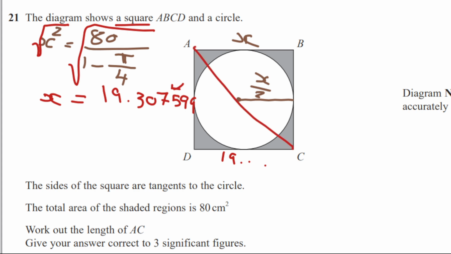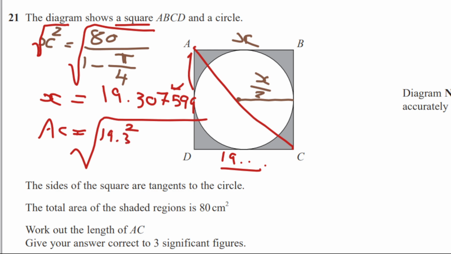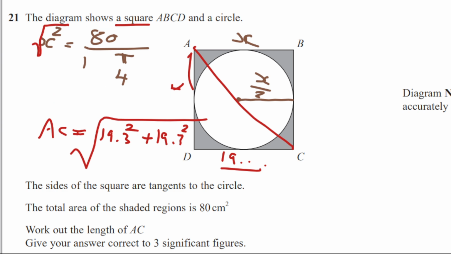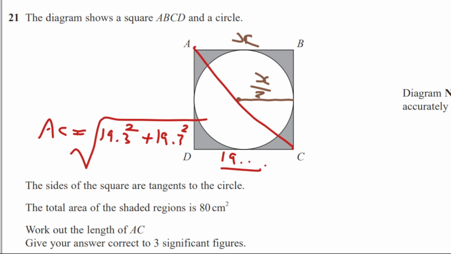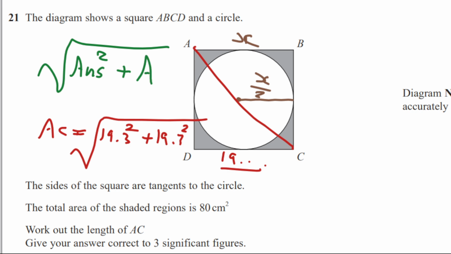So how do we find the diagonal? The diagonal AC is equal to the square root of this squared plus this squared. So it's the square root of 19.3 squared plus 19.3 squared. In your calculator, you still have the answer. So what you will do, you will write the square root of answer squared plus answer squared, because you have it as an answer, right?